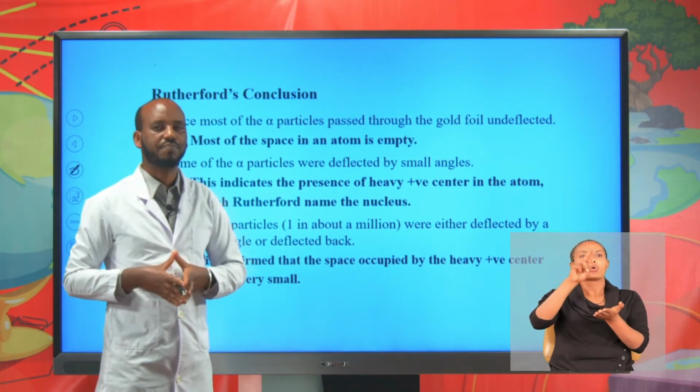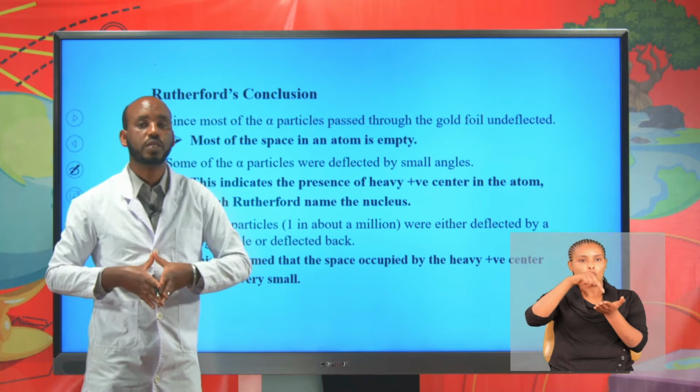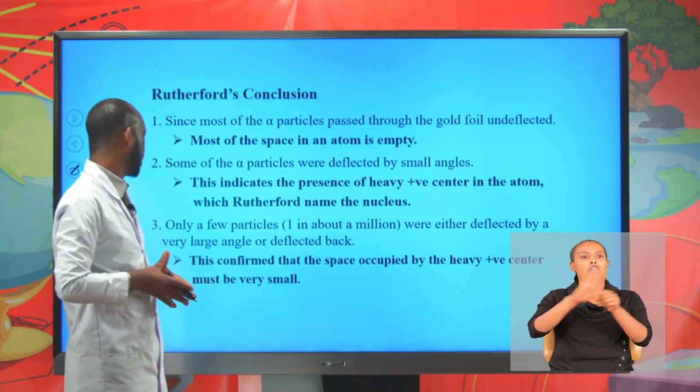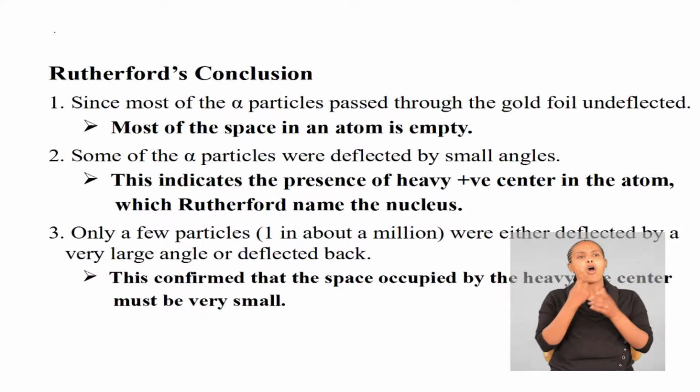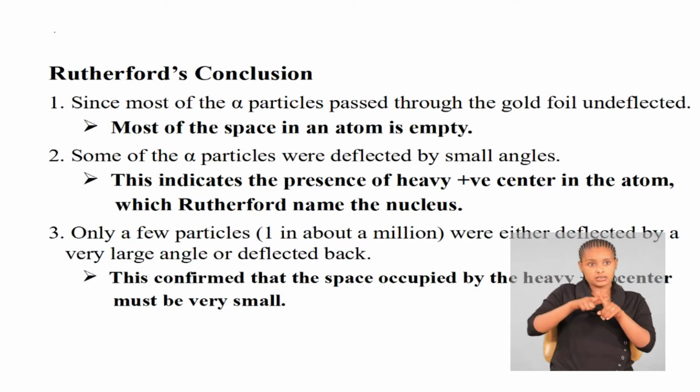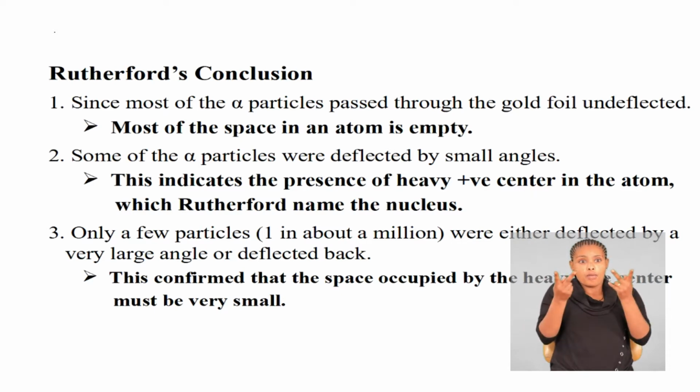The nucleus of the atom contains a positive charge. 3. Only a few particles, 1 in about a million, were either deflected by a very large angle or deflected back. This confirmed that the space, the volume occupied by the heavy positive center, must be very small.